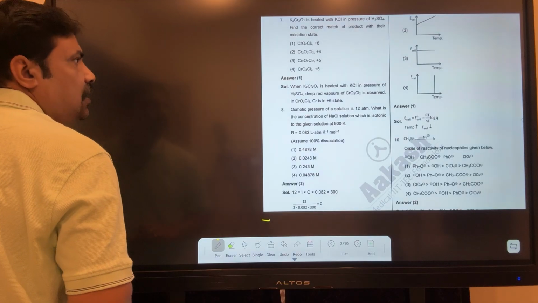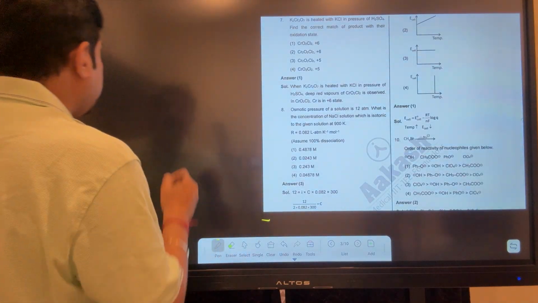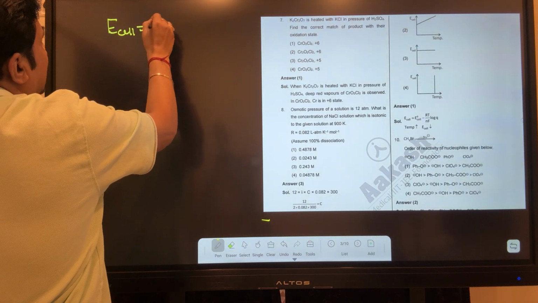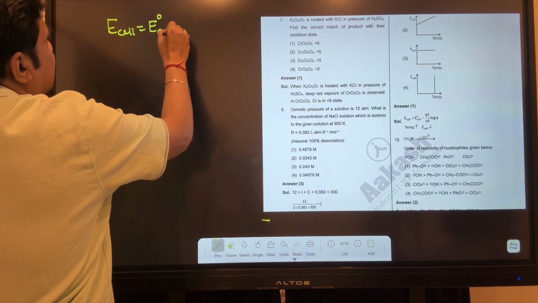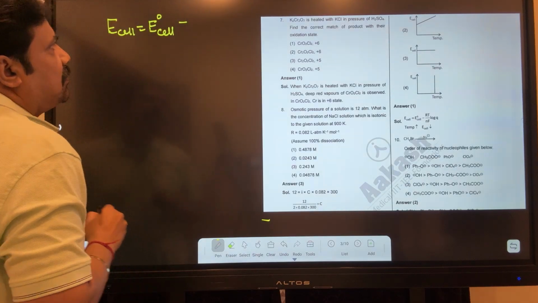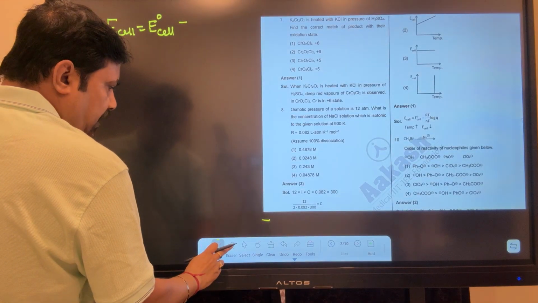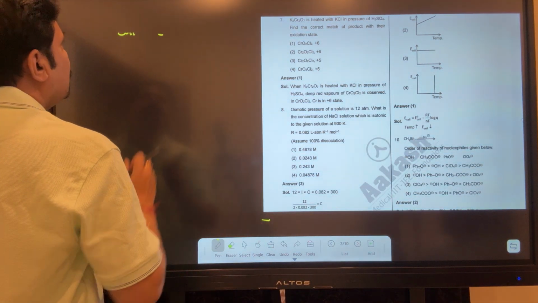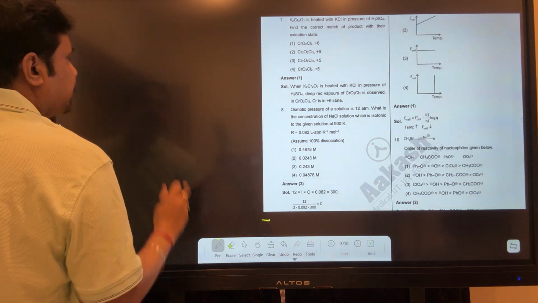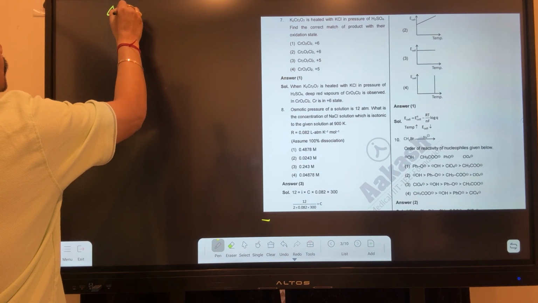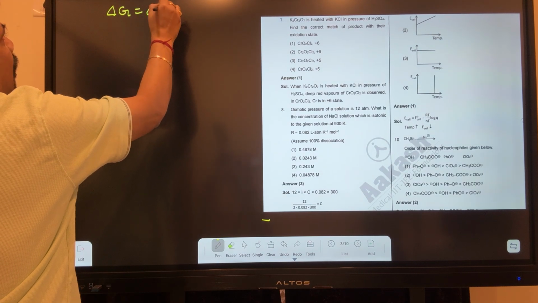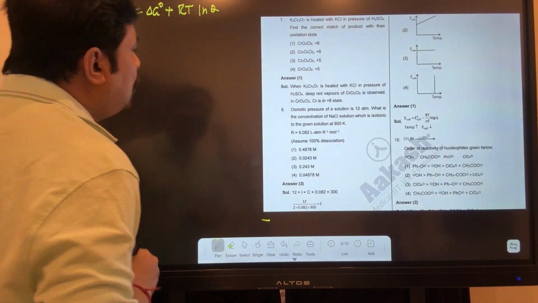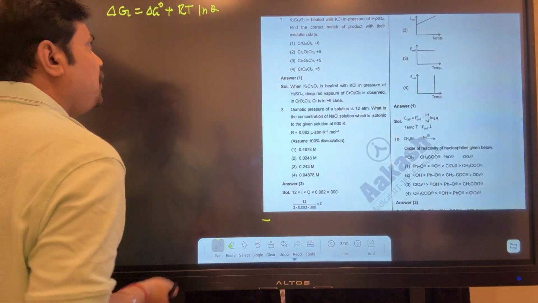Now for the E cell versus temperature plot, we know the Nernst equation: E cell equals E naught cell minus... Let me show in detail first, so that you can understand where this Nernst equation is coming from. Delta G equals delta G naught plus RT ln Q. Here Q is the reaction quotient, which at equilibrium should be K equilibrium.